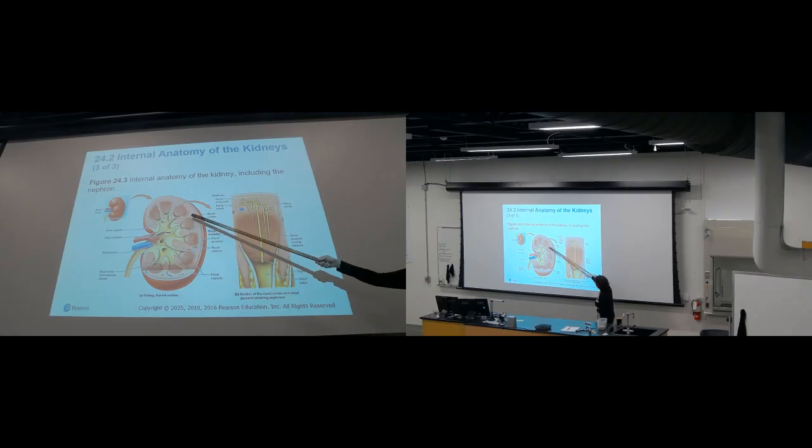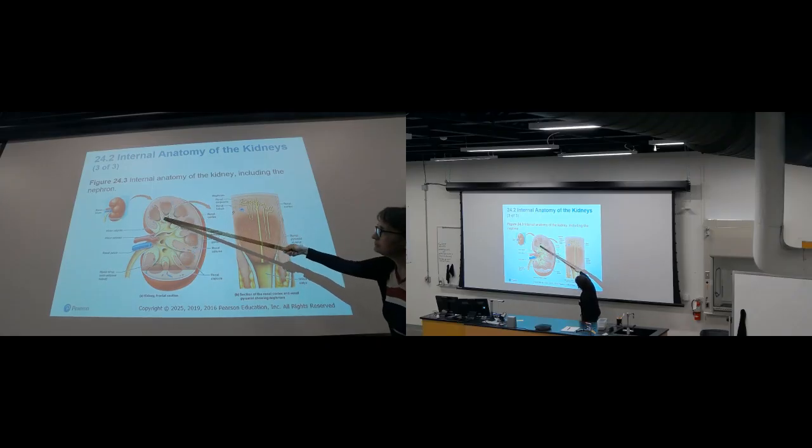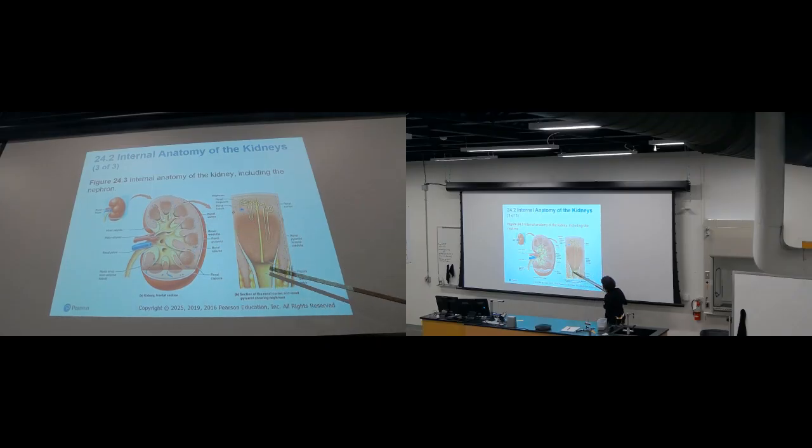For magnification of this region, you have here a lobe of a kidney that is made by a part of the cortex, the renal pyramid, and then the papilla and the minor calyx. So you have within each kidney around 1 million nephrons, and these nephrons are located in different regions.